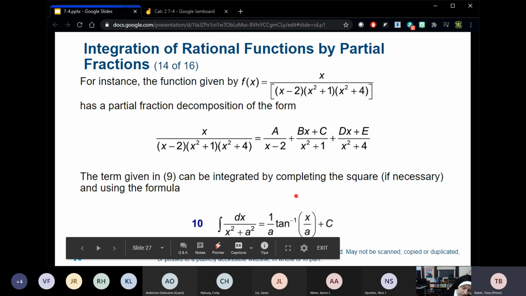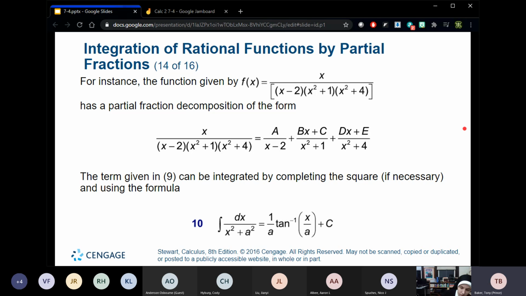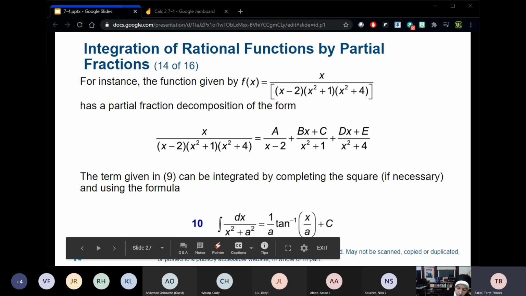That's the one where if you don't have an x and you can't do the u substitution, which I'm going to show you in a minute, that's how you'd do that part. All right, so just make sure to have that written down.